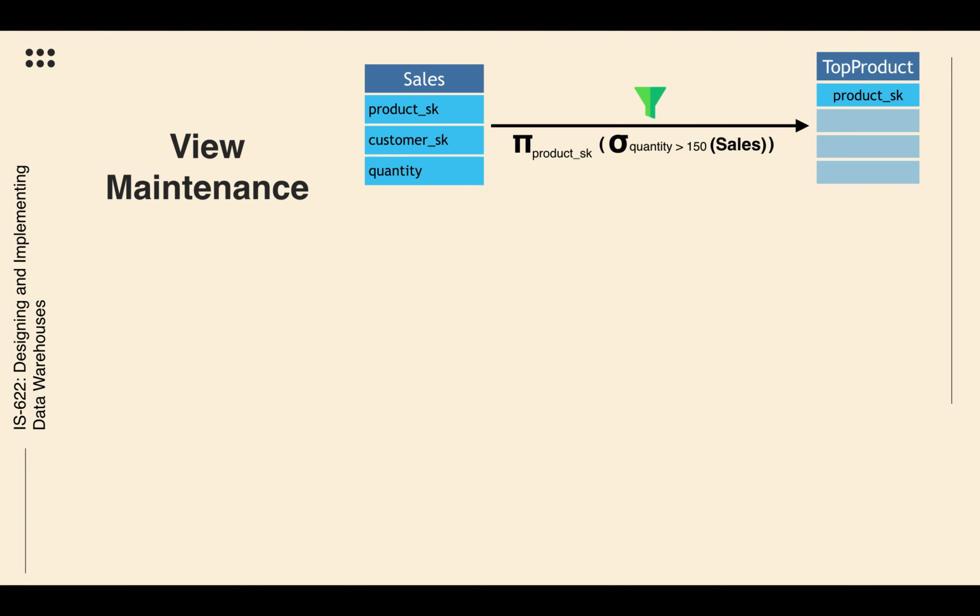So I want to create a view which satisfies this criteria. I want to keep track of all the products for which at least one customer, so it can be more than one customer as well, but the total quantity should be how much? 150. That's why I'm using sigma. The circle sign you see is actually a sigma. Sigma means the sum of the quantity is greater than 150 from the sales table.